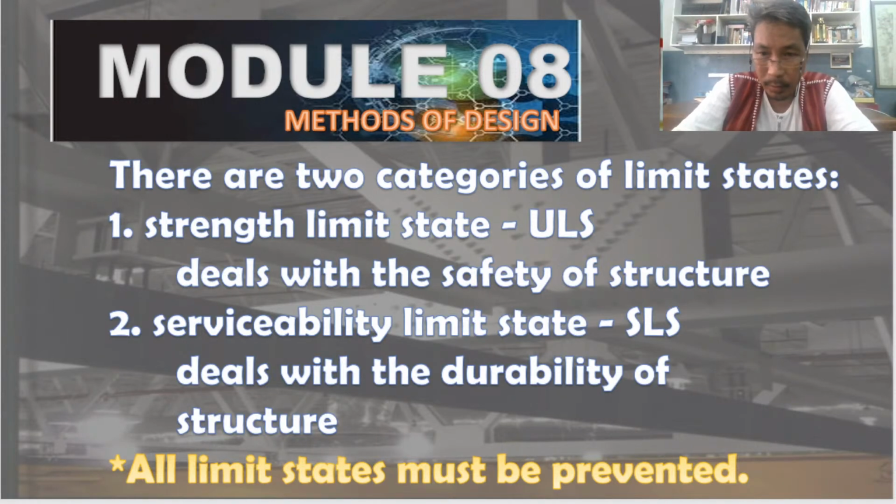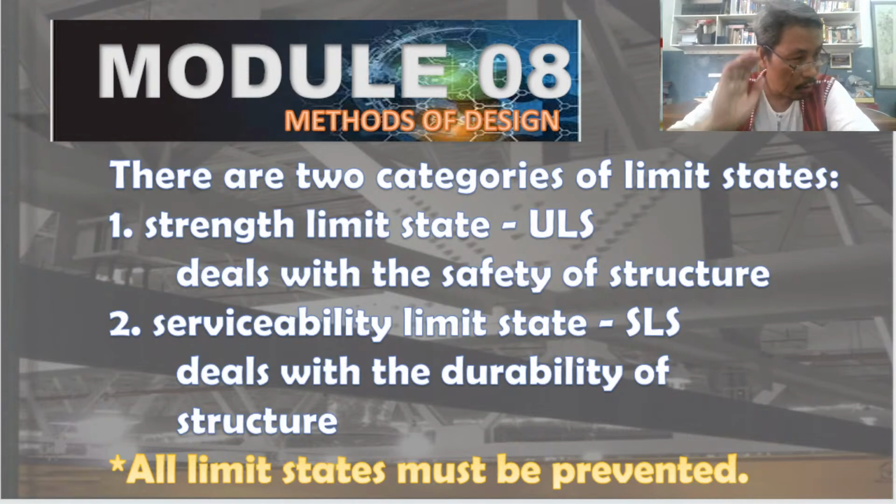If you observe, strength limit state is SLS in short, and take note that number 2 is also called SLS. So there is no distinction between the two. That's why strength limit state is actually called ultimate limit state.